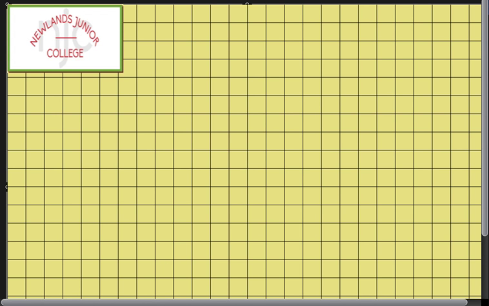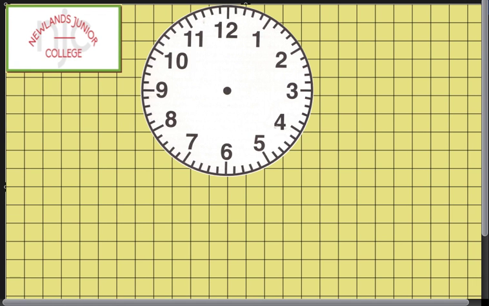Okay, let's look at a normal clock face. Now let's remember that to go once round the clock, that's 60 minutes. So what would 15 minutes look like on here? So there's 15 minutes.